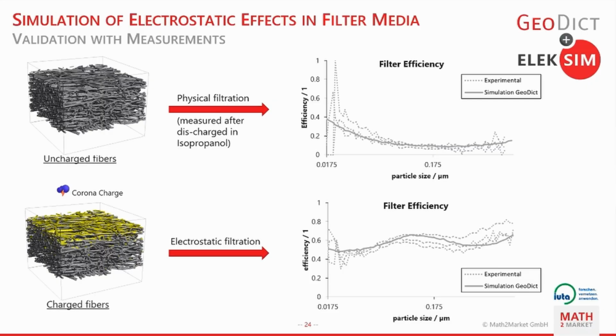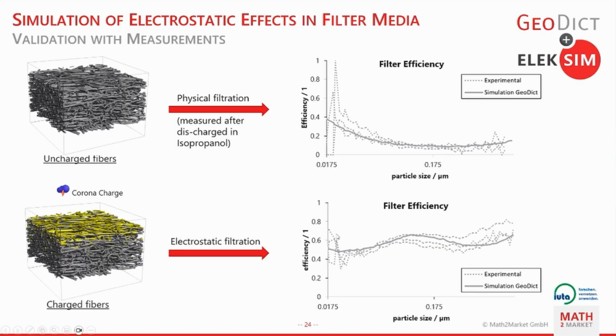At the same time, measurements were done by our partner, the IUTA Institute in Duisburg, where the efficiency was measured for the original charged material and after discharging the material in isopropanol. And as we can see here, the simulation results, the solid line, match very well the experimental measurements, which are these dashed lines.